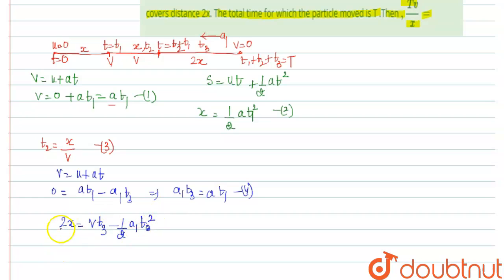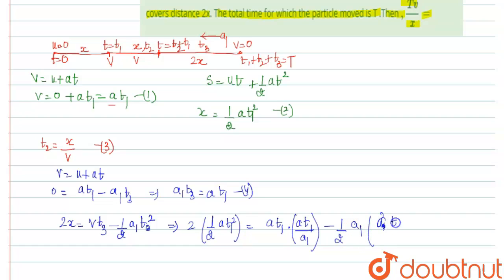So from the value of v as at1, we write 2x is equal to at1 into t3 minus half a1 t3 square. T3 from equation 4 is written as at1 by a1. T3 square is a square into t1 square upon a1 square.